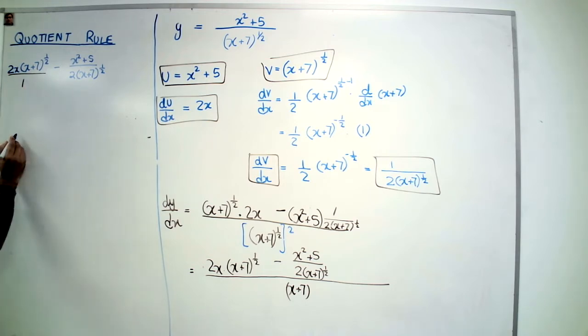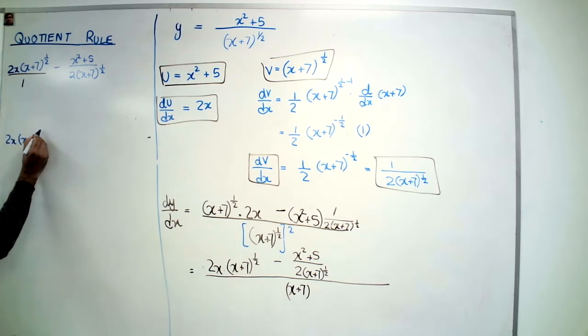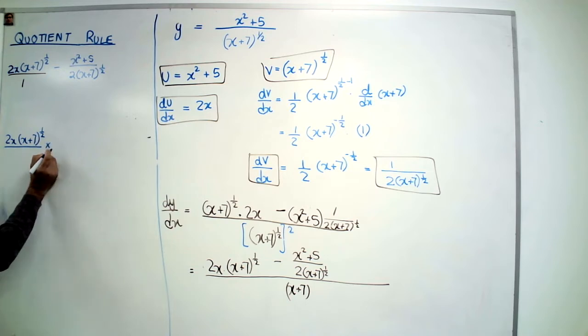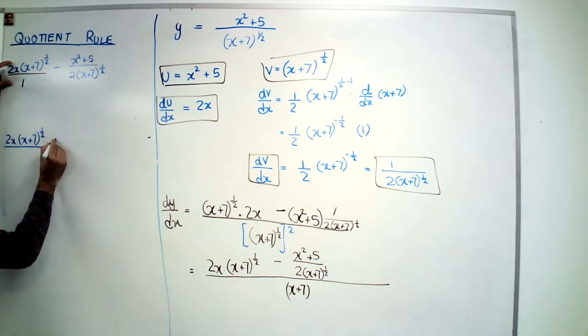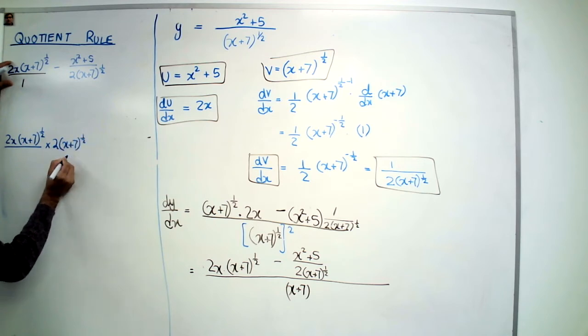So that one, I will multiply, because, let's write it down, 2x(x + 7). That way I need to multiply this side by whatever denominator is here, so 2(x + 7)^(1/2), and I need to divide by that as well.